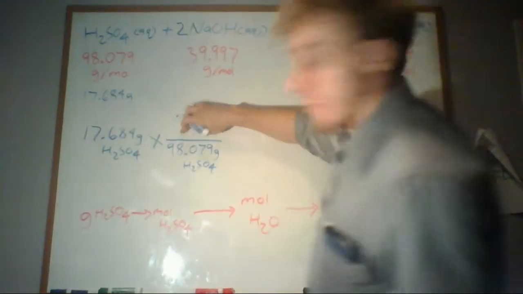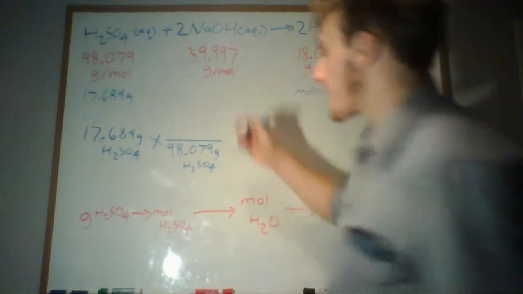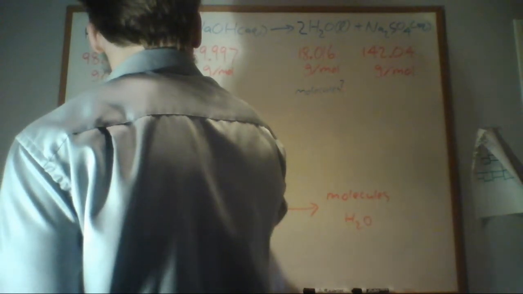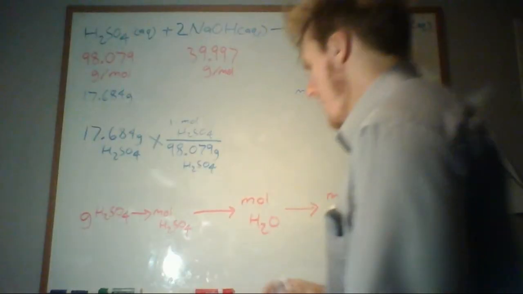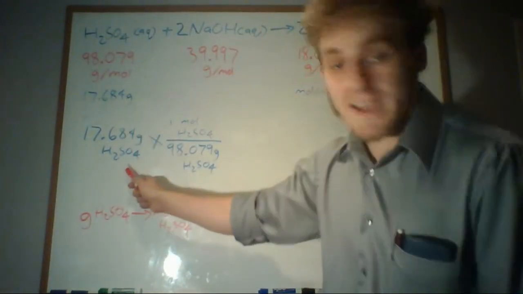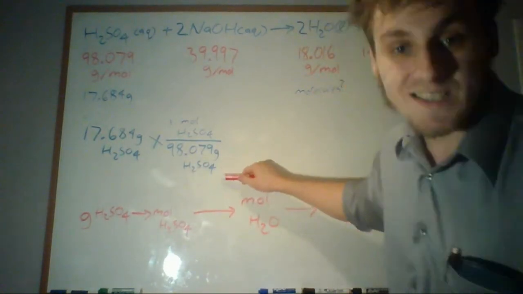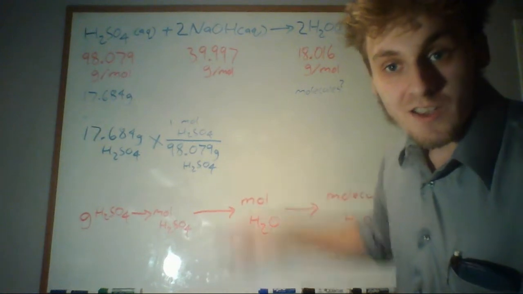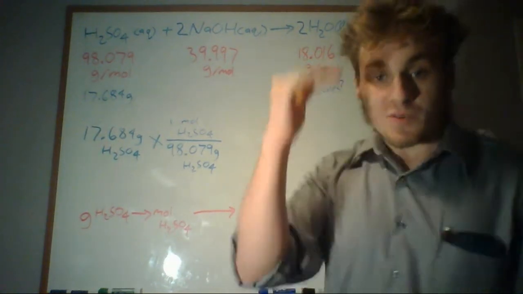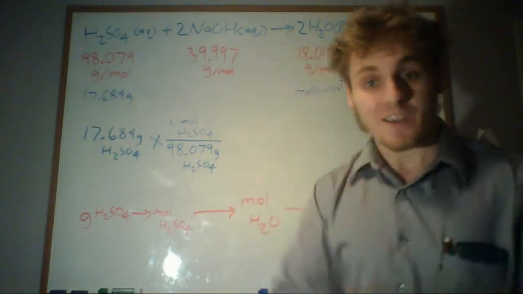And we'll put 1 mole of sulfuric acid up top here. 1 mole H2SO4. Notice that we have grams of sulfuric acid in the numerator over here, but we have grams of sulfuric acid in the denominator over here. Because those units are in the numerator and the denominator, they'll cancel out. So let's go ahead and do that.